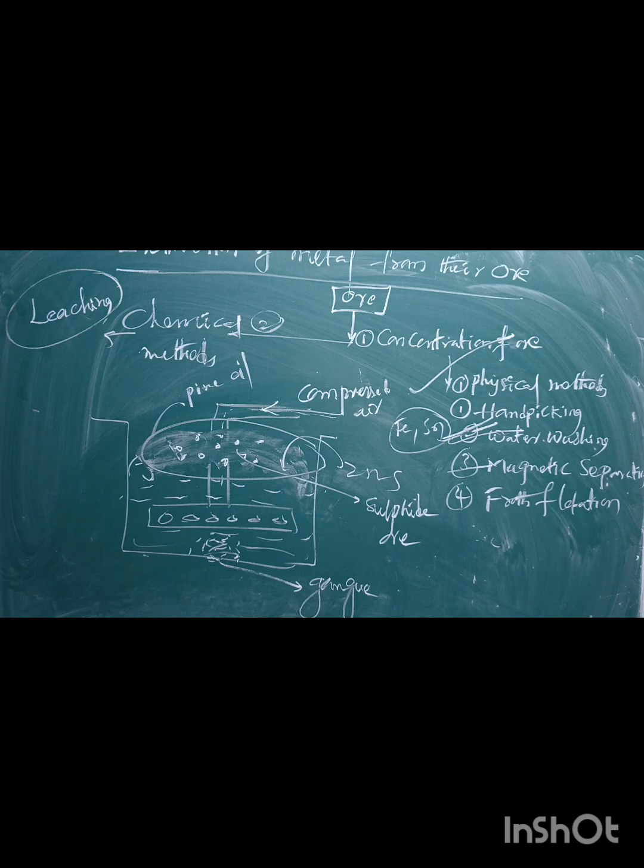Simply, this process is commonly used for sulfide ore. It is based upon the different wetting characteristics of ore and gangue particles. The finely powdered ore is mixed with water and pine oil or ethyl xanthate or potassium ethyl xanthate collected in a big tank. The whole mixture is agitated with air.